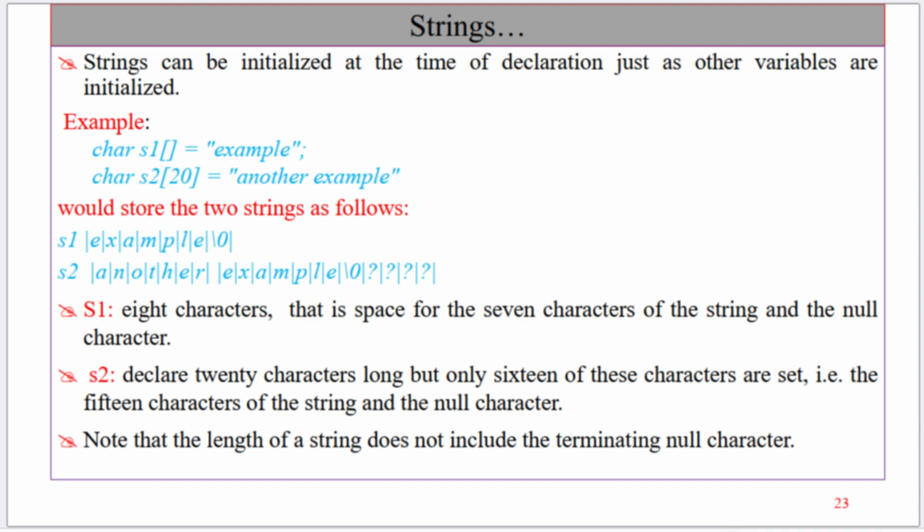The space for the 7 characters of the string and the null character. s2 is declared 20 characters long but only 16 of the characters are set, i.e. the 15 characters of the string and the null character. Note that the length of a string does not include the terminating null character.